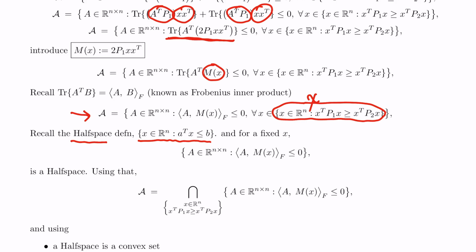This is the typical half space definition, and if you notice, for a fixed X, it needs to be a vector, but you give me a fixed X and this is the set that I would have, and this is quite similar to the half space definition.